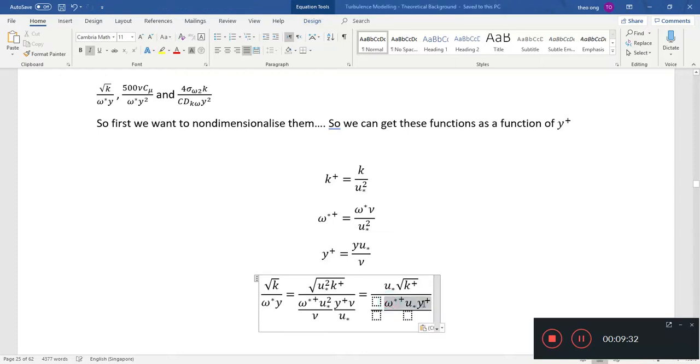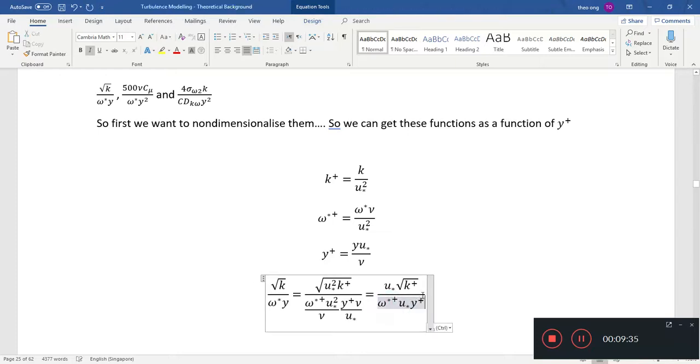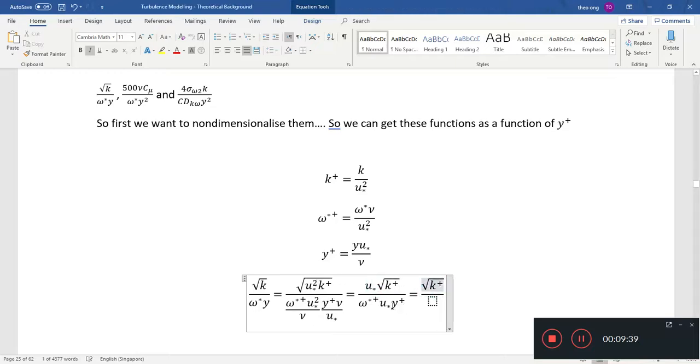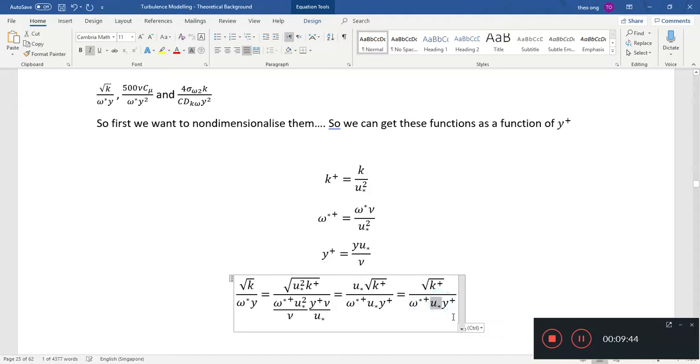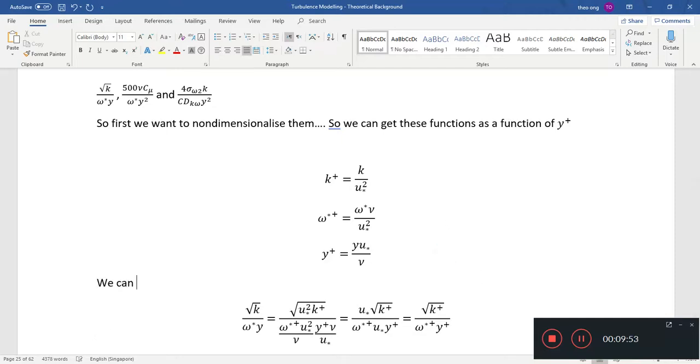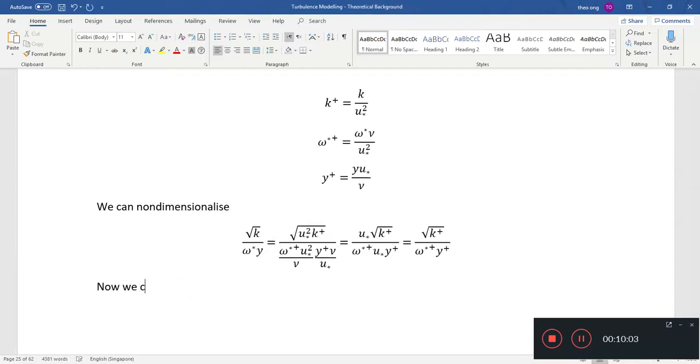Most of these cancel out, so we get a very nice dimensionless number. Now with this we can non-dimensionalize.